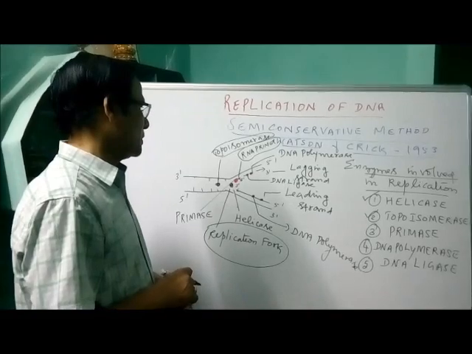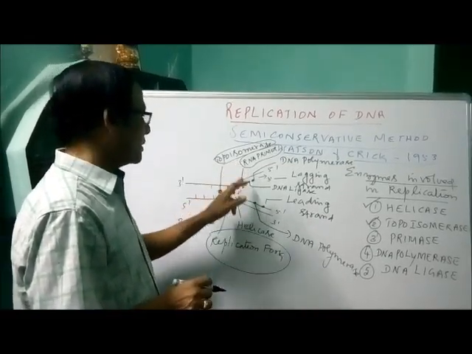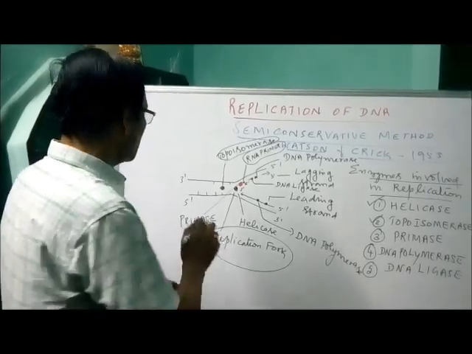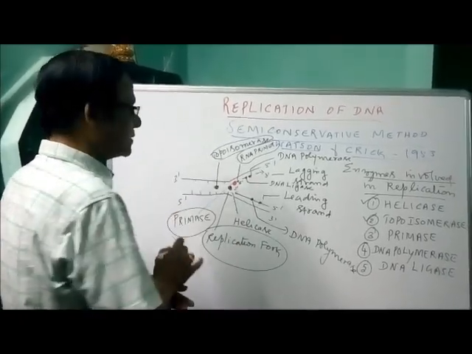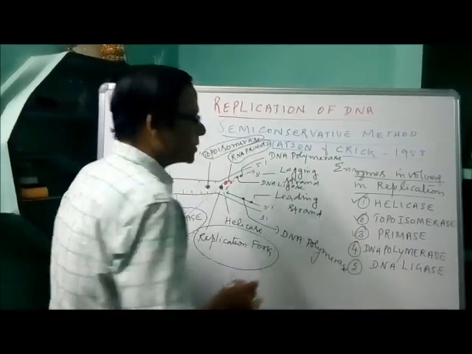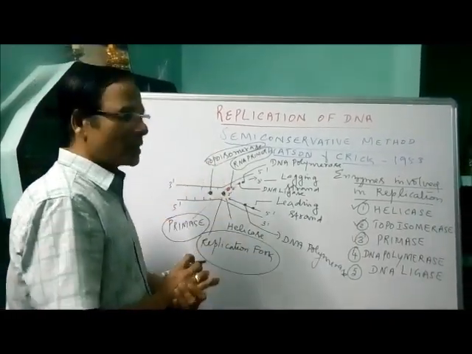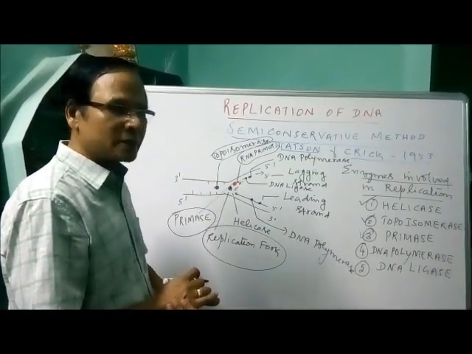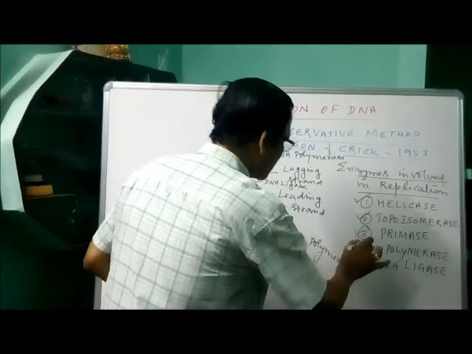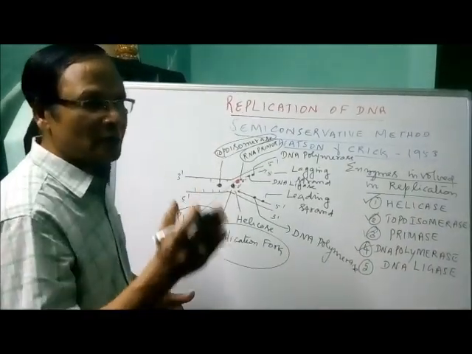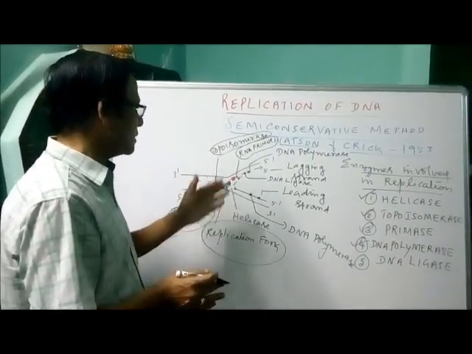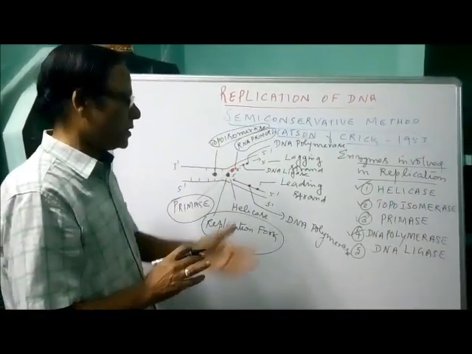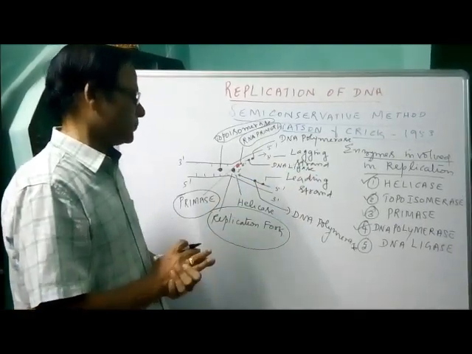The RNA primer, a few nucleotides of RNA, is laid down by the enzyme RNA primase, or simply primase, the third enzyme, which initiates the elongation process. Now the enzyme DNA polymerase operates, adding nucleotides one after another to the RNA primer, so that chain elongation occurs.